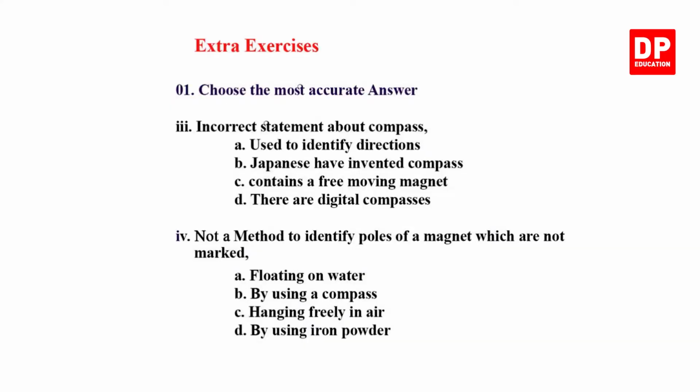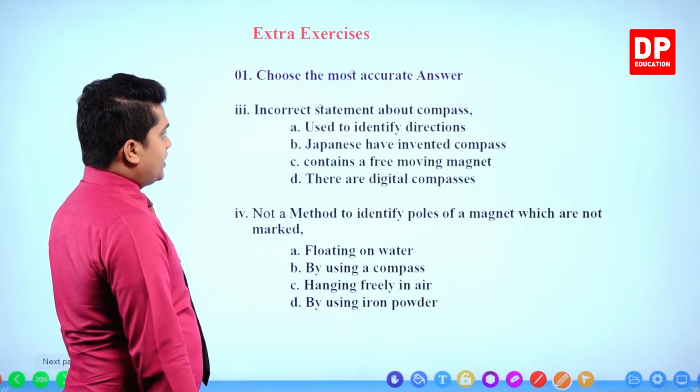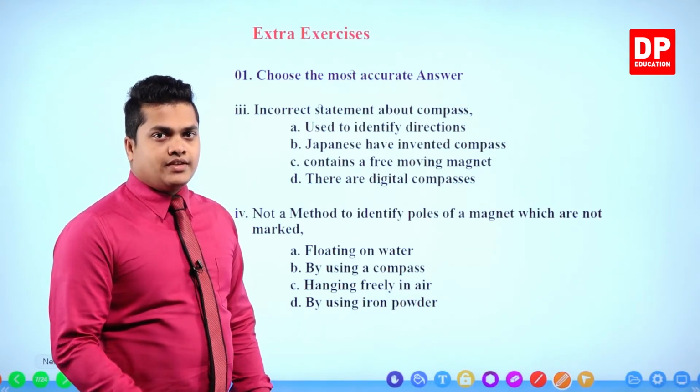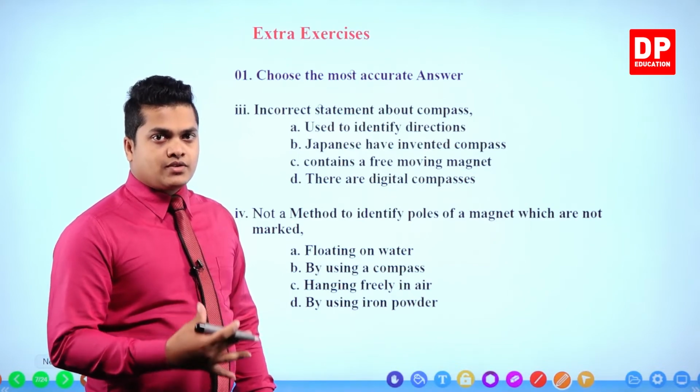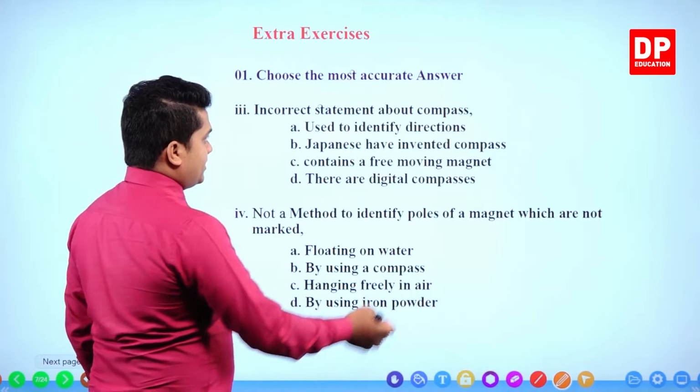In the next question, you need to choose the incorrect statement about the compass. The first statement: used to identify directions. That is correct, the most obvious use of a compass. We use a compass to identify the directions. So it is correct.